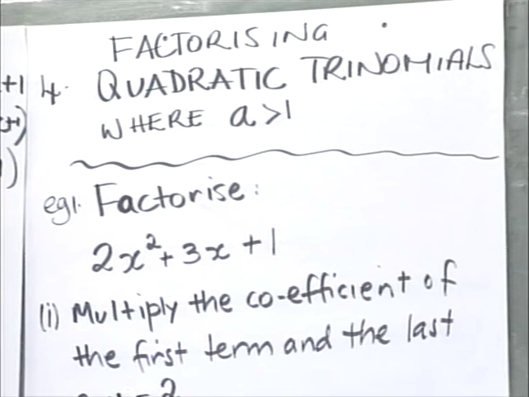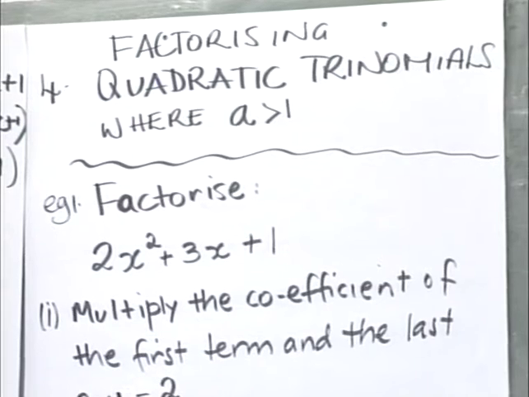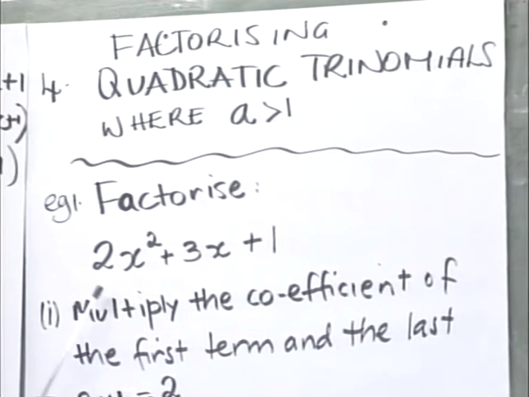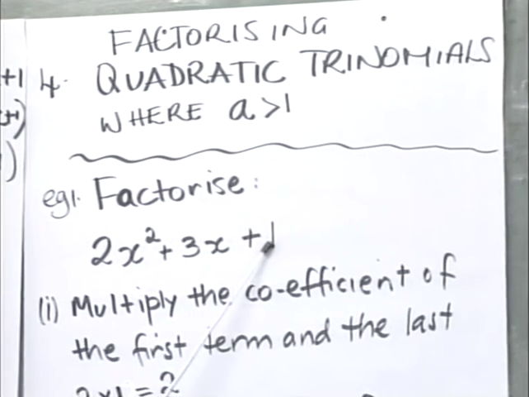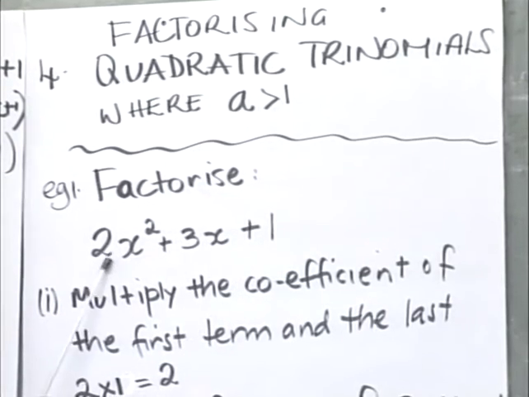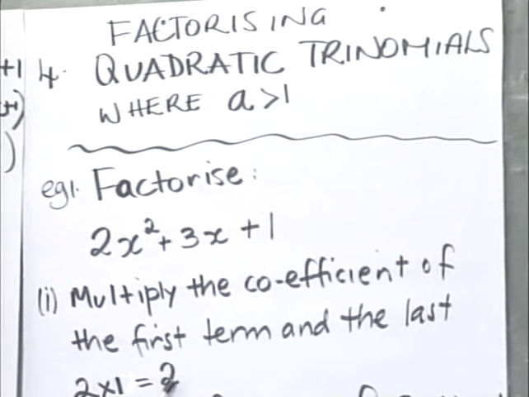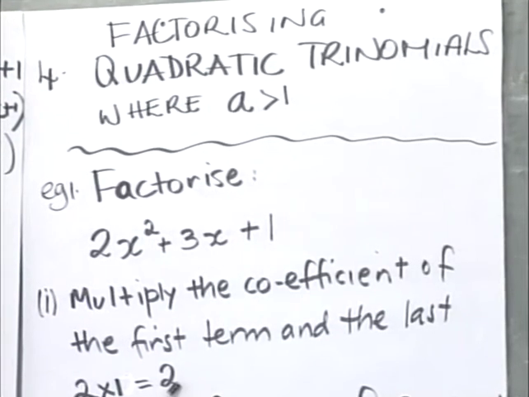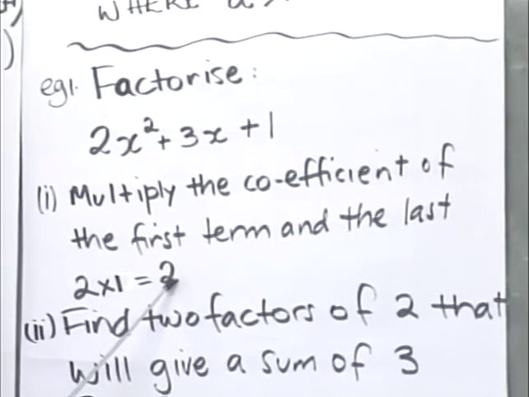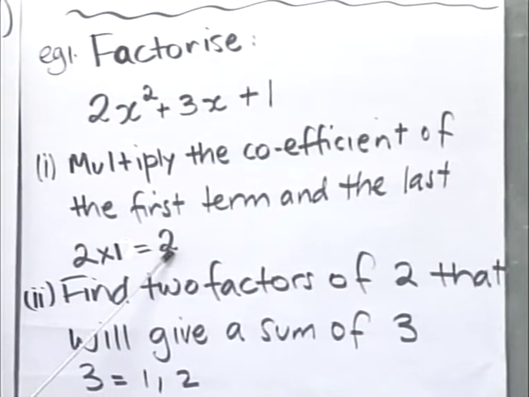So there are 4 steps. The first step, this is what you do. You multiply the coefficient of the first term with the last term. So you get 2 times 1 will be 2. Okay, this method is related to the previous one that we learned the previous lesson.